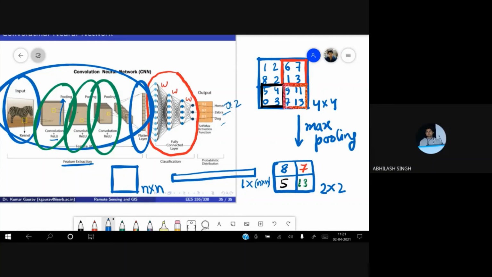If you convert it into percentage, then this network is suggesting that it is 20% horse, 70% zebra, and 10% dog. So here we apply a maximum function and select that it is a zebra.